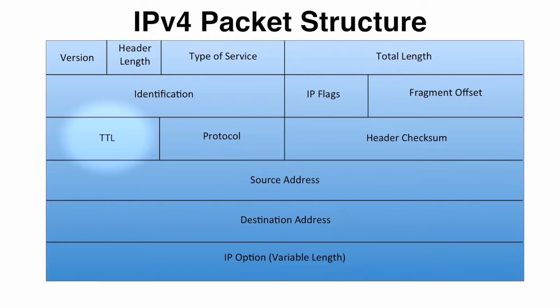However, a frame down at the data link layer of the OSI model or the network interface layer of the TCP/IP stack does not have a time to live value, and a frame could circulate indefinitely in a switched topology. And there's a fix for that, and we'll be talking about that later. But for now, understand that this time to live field is going to prevent an IP packet from endlessly circulating through the network.